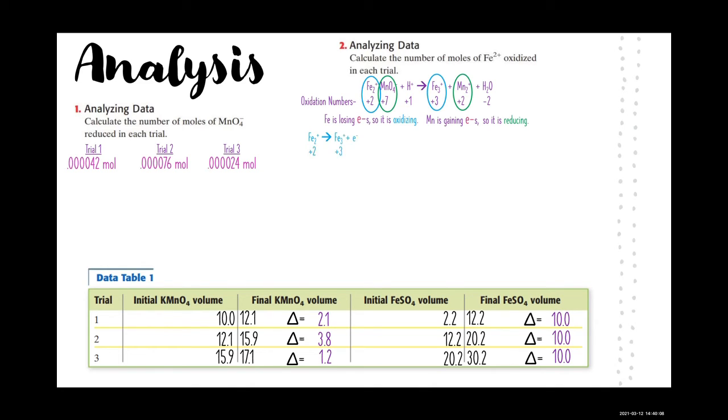So now we're going to take this half equation and look at the iron here, and this half equation, and look at the manganese over here. And that right there is a factor by which we need to multiply the iron portion, the oxidation portion of this equation. So we go ahead, get this equation balanced, and we need to consider these are our coefficients that we didn't have before.